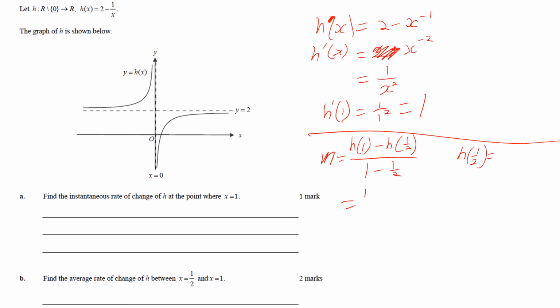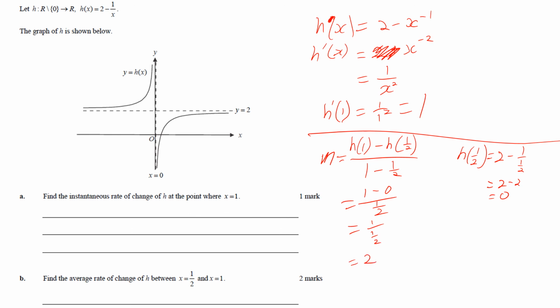H of 1 half is equal to 2 minus 1 over 1 half. When we divide by a fraction, that's the same as doing the reciprocal of the fraction. That's 2 minus 2, which is 0. So it'll be 1 minus 0 over 1 divided by half is 1 half. So this will be 1 over 1 half, which just equals 2.